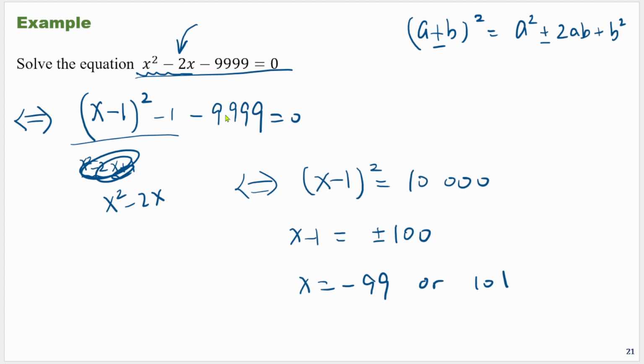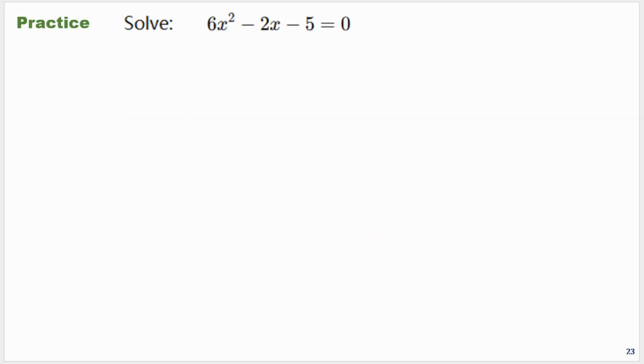Of course, you can also try to factorize that, but it's not very easy to factorize this. Okay, let's see another example. Can you solve this equation? Can I just annotate this?